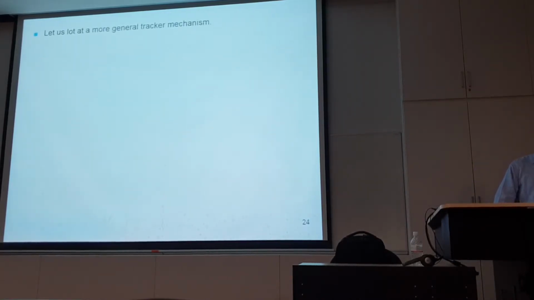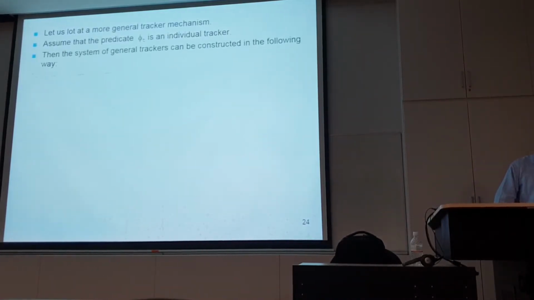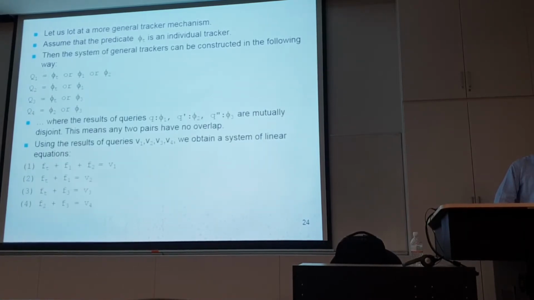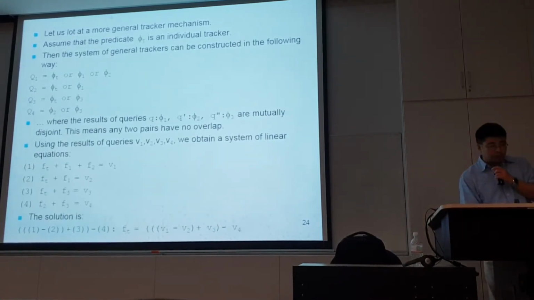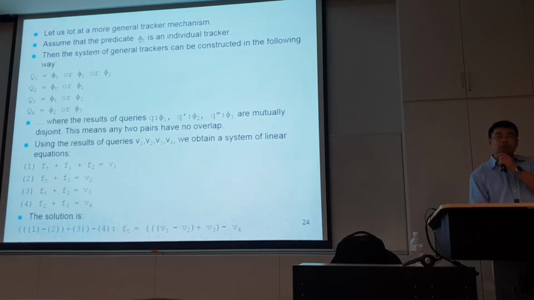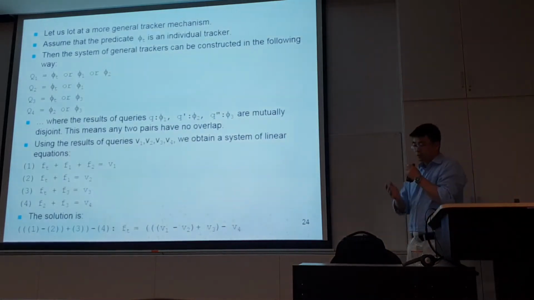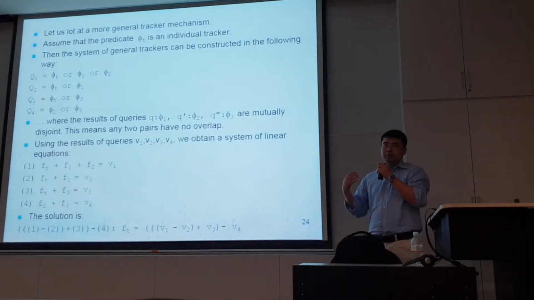So in general, we can have a tracker built like this, right? So for example, you have an individual tracker. This is the information you want to query. But the database will not allow you to do that because the database may have some restriction on the lower bound and upper bound of the number of items in the return set.